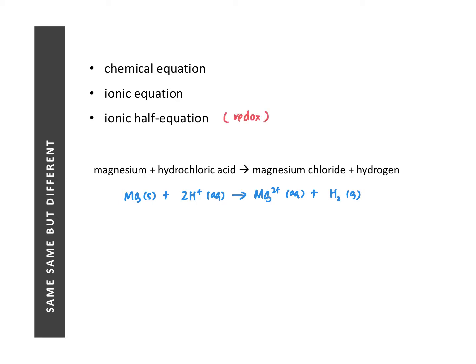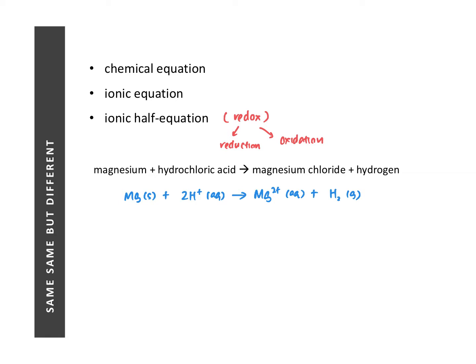In any redox reaction, there will be a reduction reaction combined with an oxidation reaction. So in any redox reaction, there will always be a substance that's oxidized, and there will always be a substance that's reduced. So ionic half equations illustrate the oxidation and the reduction reactions separately.